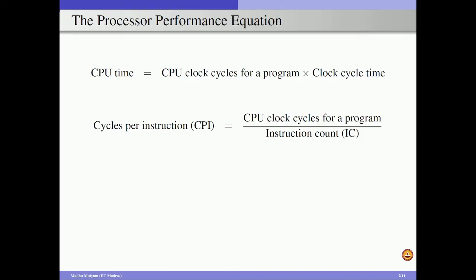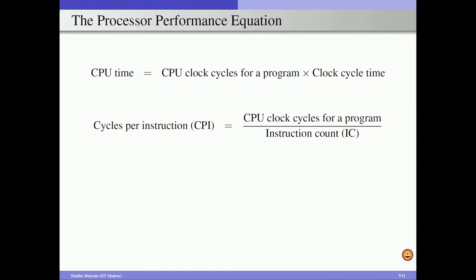Once we consider the CPU time, we can also measure the number of instructions in a given program, which is denoted as instruction count or IC. Once we have an instruction count and also the total number of CPU clock cycles for a program, we can define clock cycles per instruction or CPI.